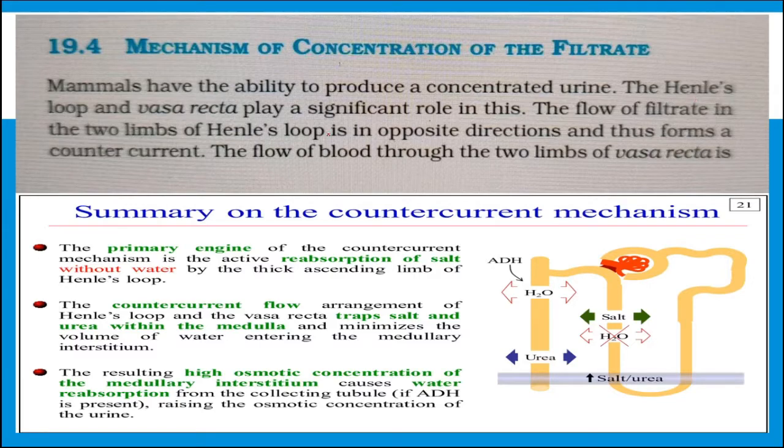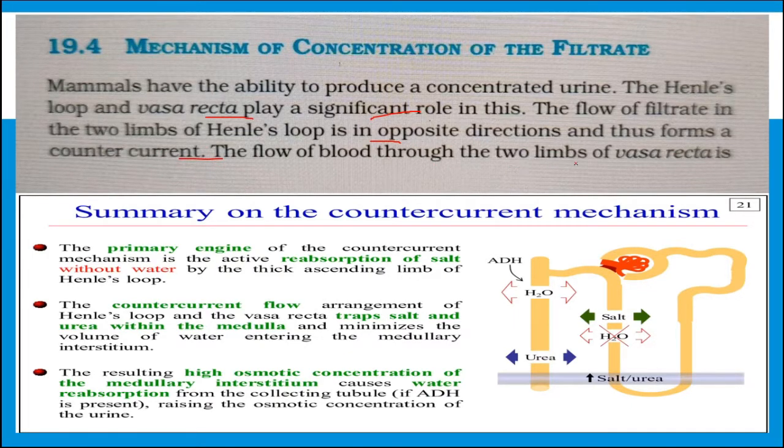The loop of Henle and vasa recta play the important role in this process. The flow of filtrate occurs in the two limbs of loop of Henle in opposite direction, that is, in the ascending limb it is going upward, then downward in the descending limb. So in this way, opposite direction at the same time, that is known as the counter current.